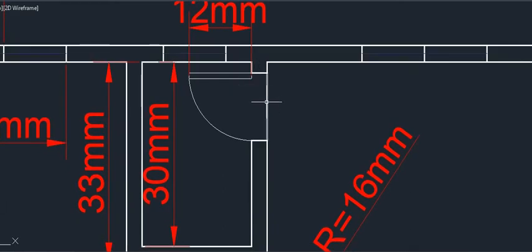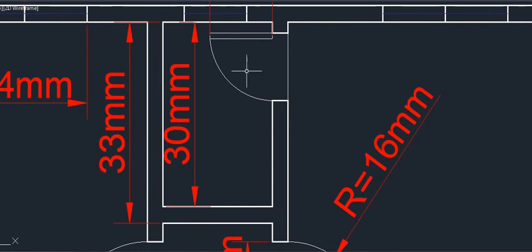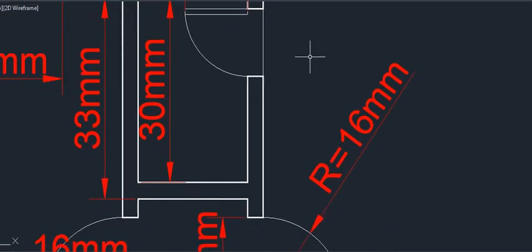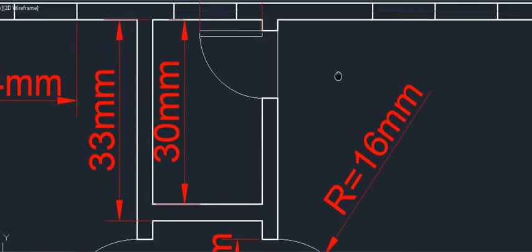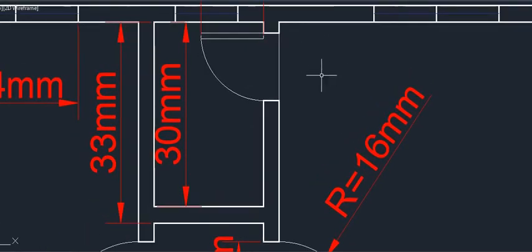So we have a line here. This line means the floor is elevated, so it is not the same level as the comfort room. So the master's bedroom is elevated, and this is not the same level, so you draw a line here.